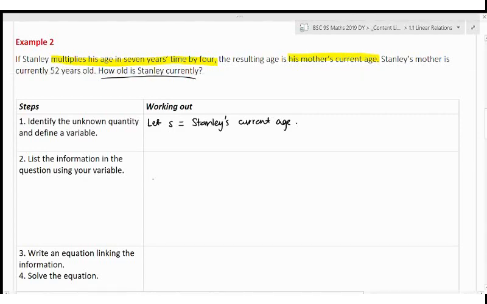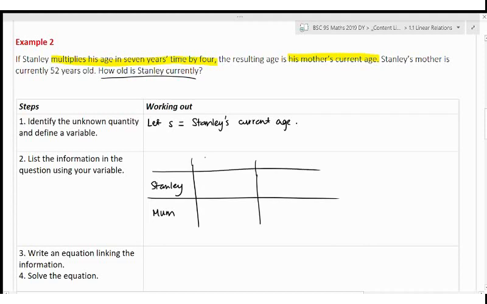So let's list out some information. Now we've got Stanley, and we've got his mum. Right? I'm just going to draw up a quick table because I'm thinking it might help me to organize my thoughts. So now and in 7 years' time. We might not actually need all of this space.